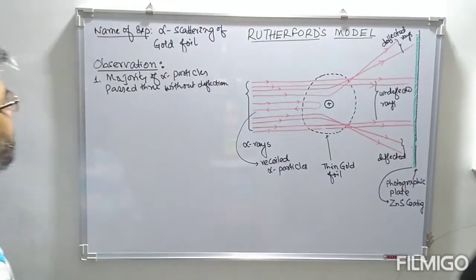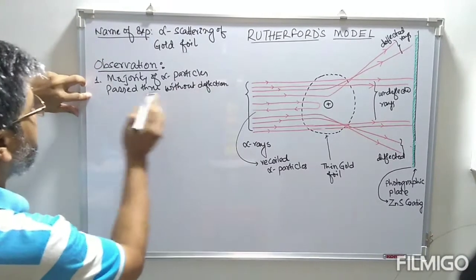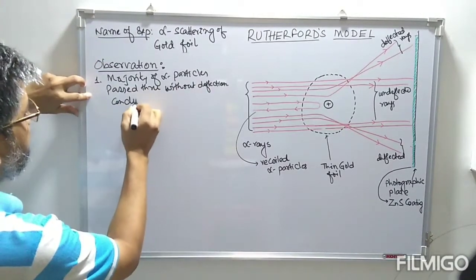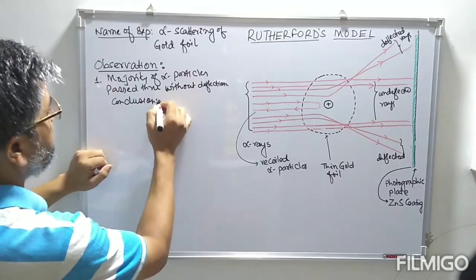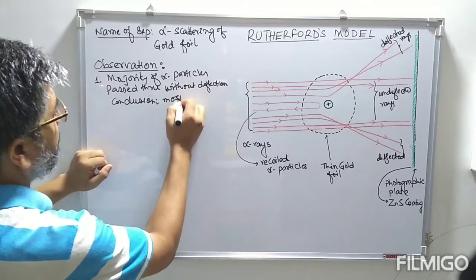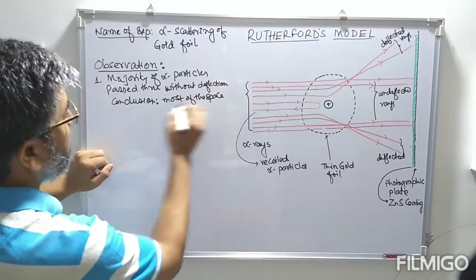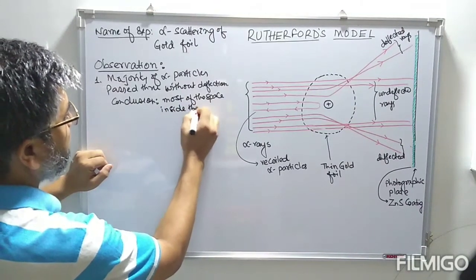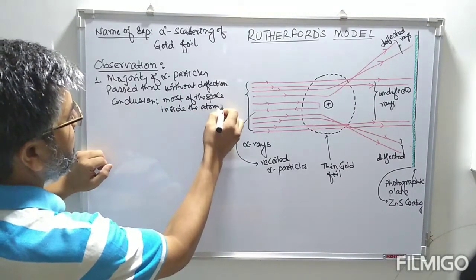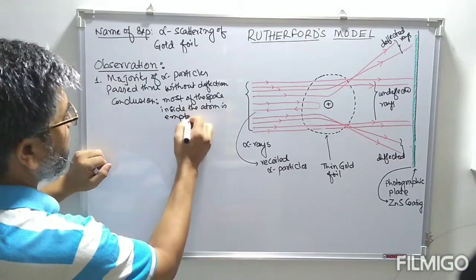So the first conclusion from this observation, observation number 1, is that most of the space inside the atom is empty.